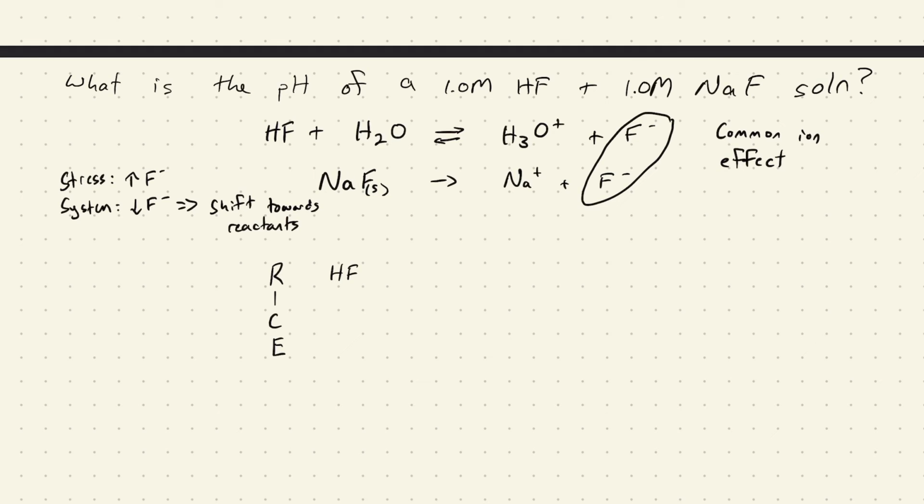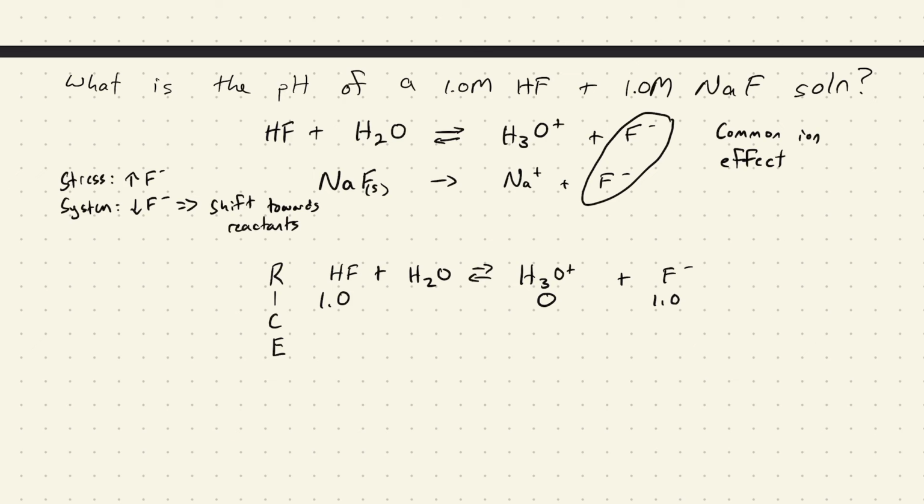So I start out with the same equilibrium reaction. I start out with 1.0 molar HF. I still start out with 0 hydronium ion, but I'm going to start with 1 molar fluoride ion from the sodium fluoride. And then we're going to let equilibrium establish with these conditions.